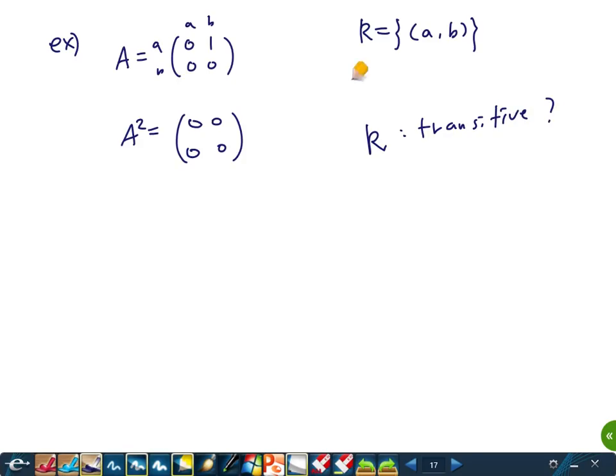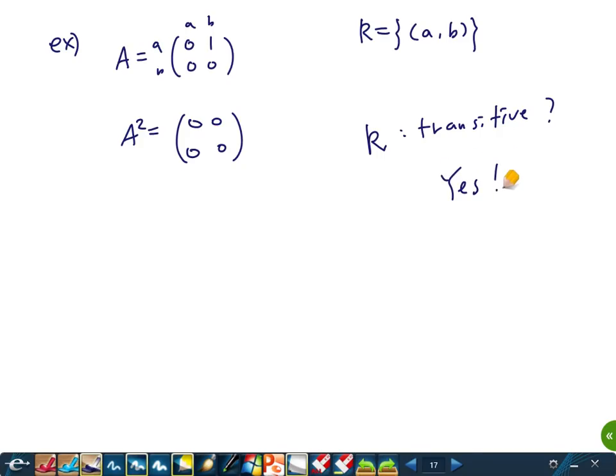Is R transitive? There are zeros, and the positions of zeros are different, but it is transitive. Why? If you look at every non-zero entry and go back over here, that is still non-zero. Here there is no non-zero entry, so there's nothing to check. That is always true. So the condition holds, and it is transitive, yes.